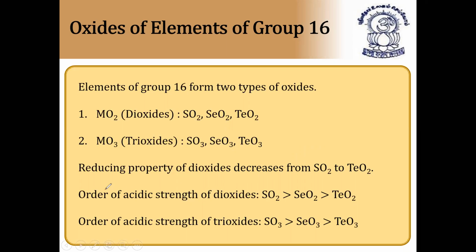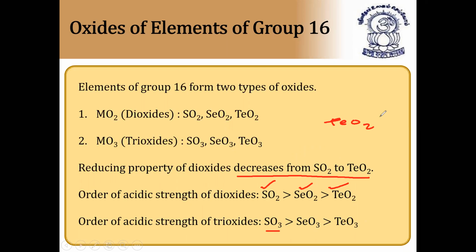So in these oxides, the order of acidic strength: sulfur dioxide is acidic, then the others are less acidic. Among trioxides too, sulfur trioxide is more acidic. Reducing property increases from sulfur dioxide to tellurium dioxide because tellurium is a metalloid.